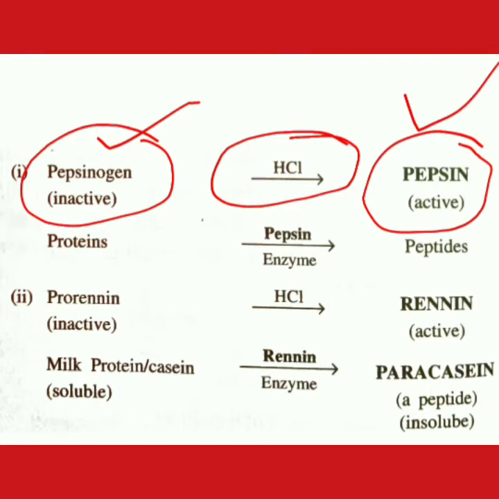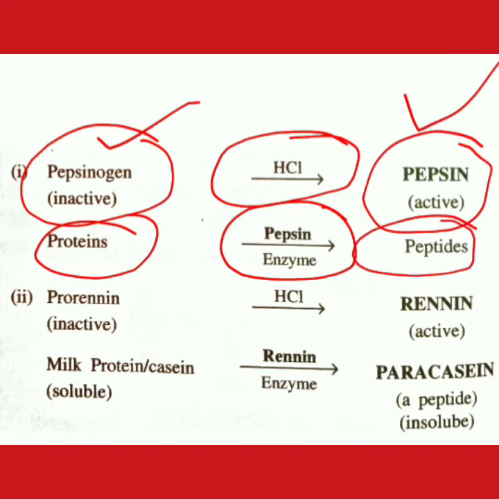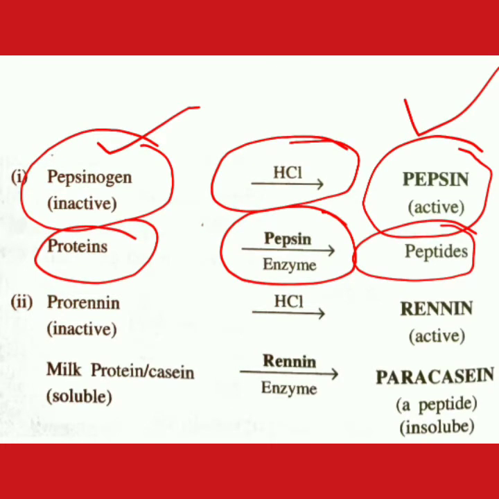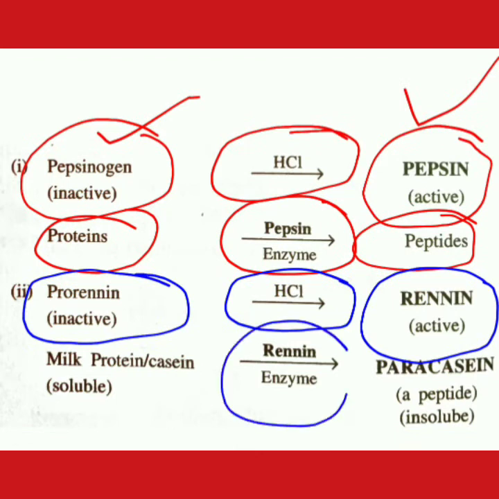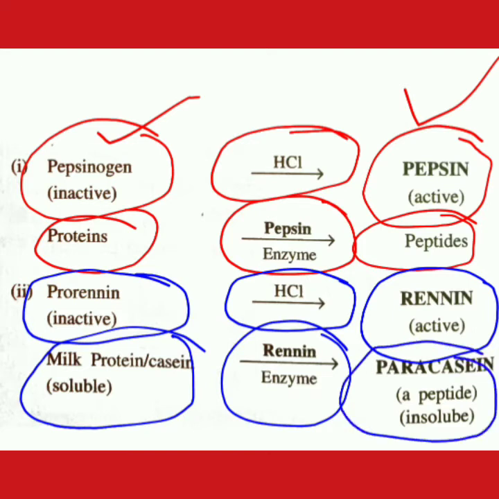And after that, the enzyme pepsin digests protein, almost 20% protein, into peptides. Another one is prorenin, which is the inactive form and becomes activated when it comes in contact with HCl and becomes active, that is renin. And this enzyme renin digests the milk protein and converts it into paracasein.